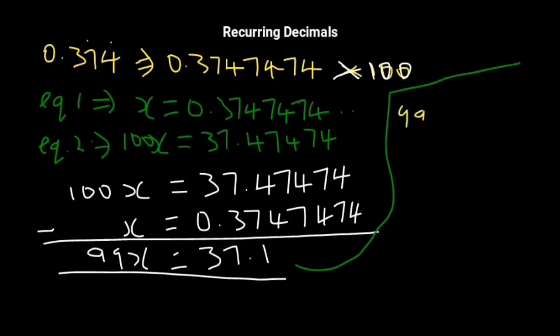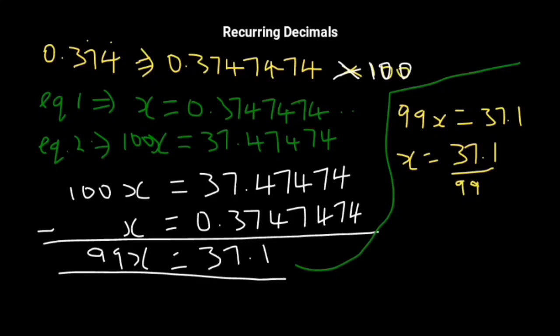We have 99x is equal to 37.1, and obviously 37.1 is a decimal, so at some point we'll need to convert that to a whole number. So first let's find x. We have x is equal to 37.1 divided by 99, and we cannot deal with decimal points in a fraction, so therefore we need to multiply that out.